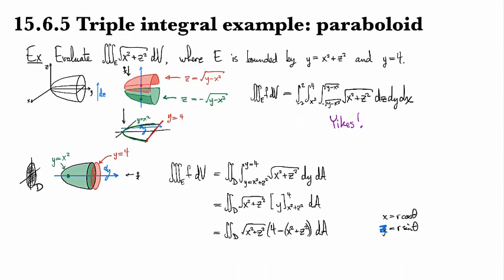All right, fine. So then this is going to be 0 to 2 pi, 0 to the radius of our disk, which is 2. And then we've got r times 4 minus r squared, and then we've got r dr d theta for our area element in this setup.